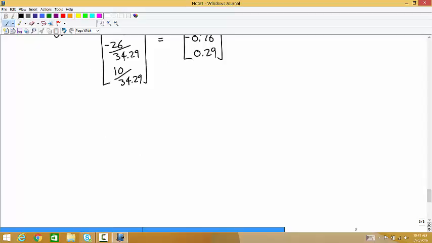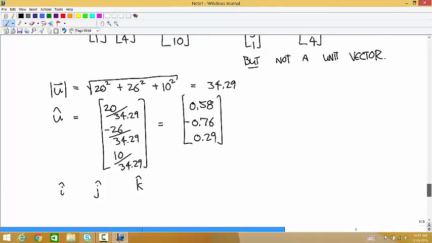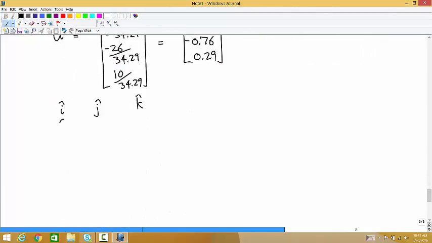Well, this is how I learned it. If you go 6, 5, 1, negative 2, 0, 4, and think of taking the determinant. So that's i times this, or you can think of it as, to get the stuff that goes in i, you cross all this stuff out and take the determinant. So that's 20 minus 0.